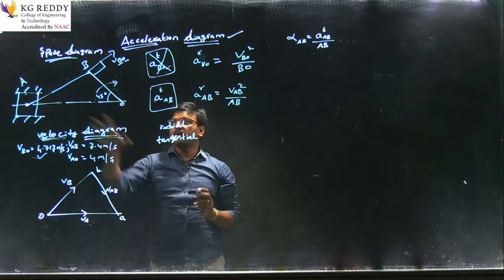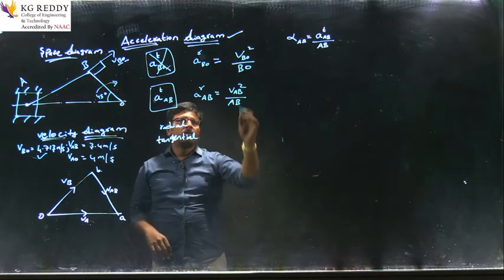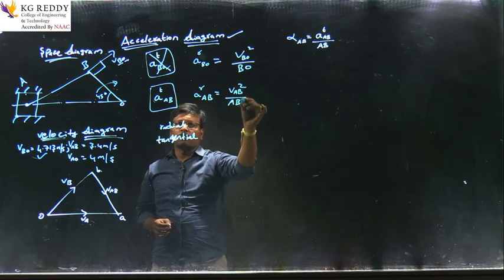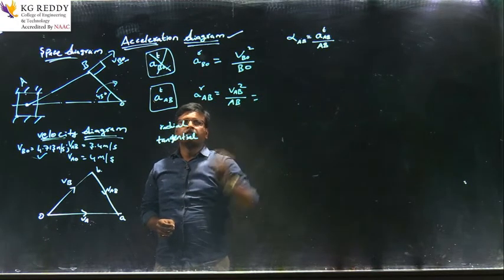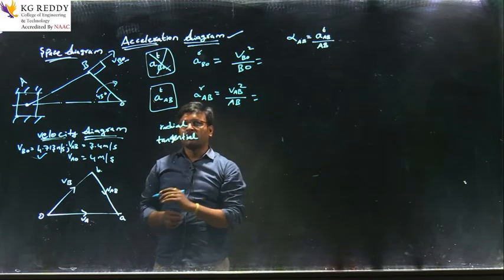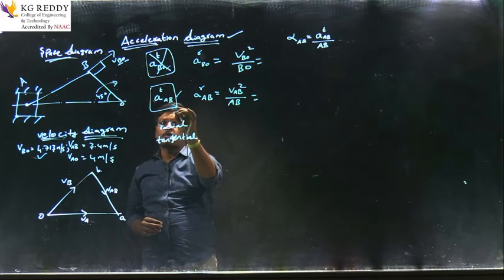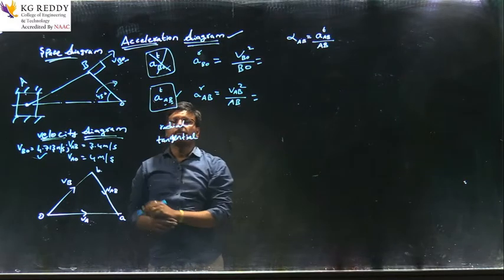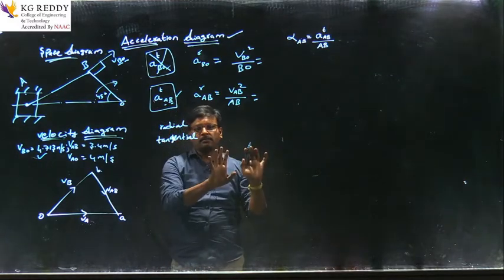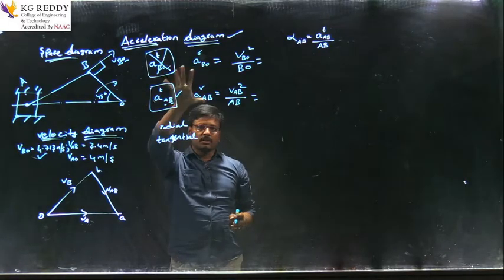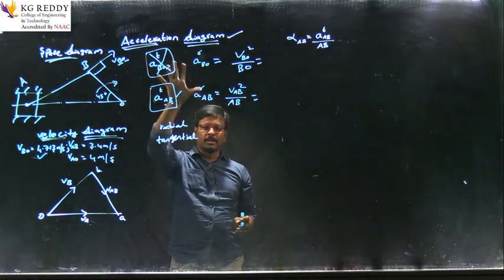Coming to AB, we know the magnitude of the radial component of AB by using this formula. What about the tangential component of A with respect to B? That is from the diagram.